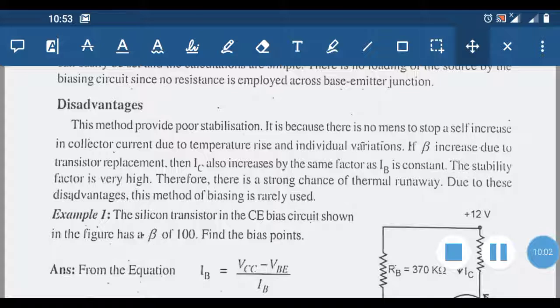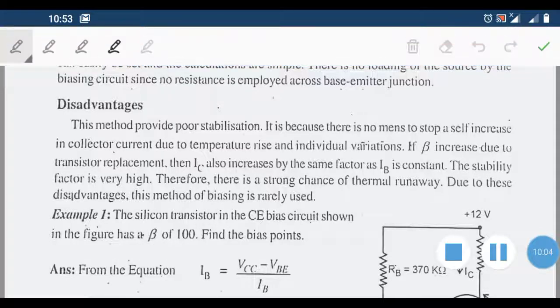It provides very poor stabilization, because the stability factor of the circuit is very high. There is a chance of thermal runaway for this circuit. So the circuit is rarely used in practice, but we are studying this because as beginners we have to study the biasing circuits step by step.